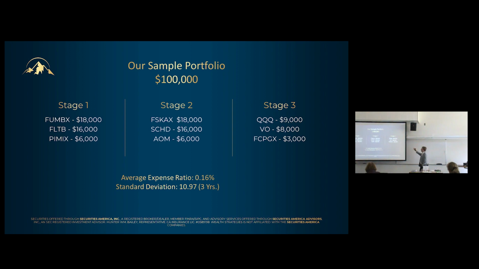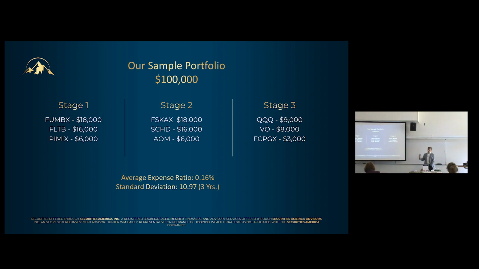We're moving over to stage 3, and we've got our most volatile QQQ fund in terms of our stages. We've got our NASDAQ index, we've got our growth stocks, and we've got more growth stocks, or I think that's mid cap and then growth stocks. So you can see, again, that most expensive position in the whole portfolio is the very smallest. It's only 3% of our overall position.